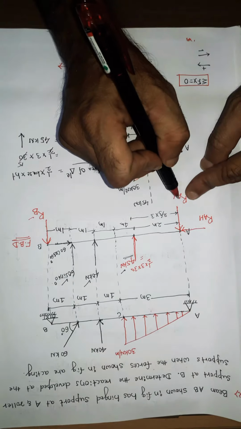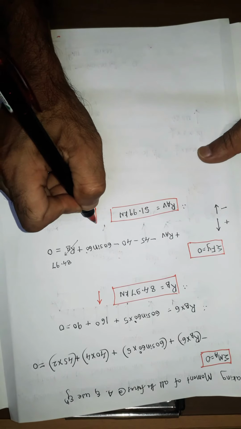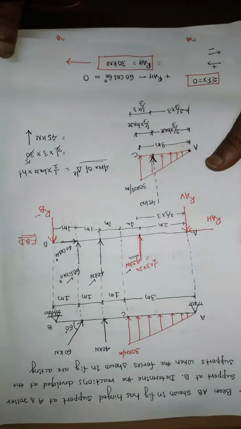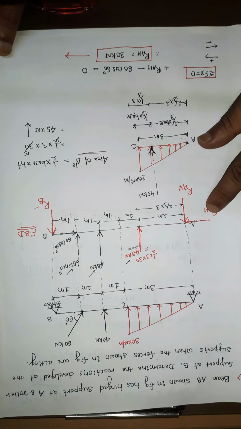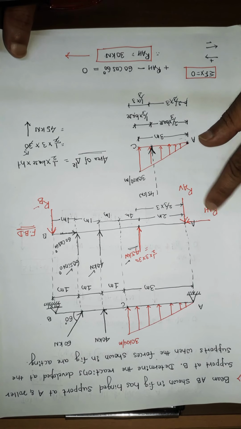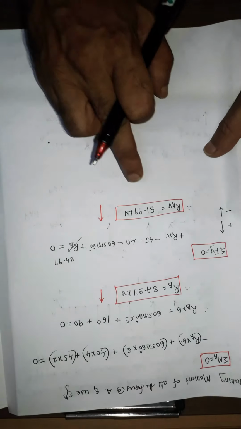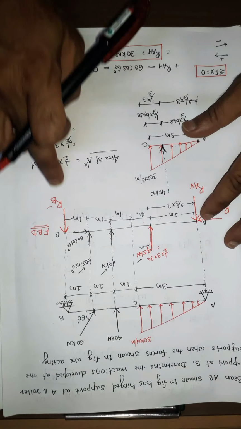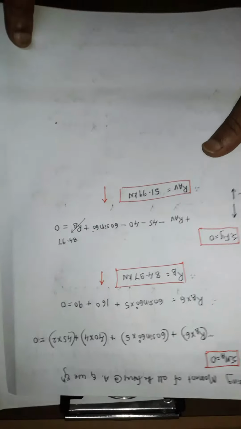Again you have got a plus value, which means the RAV direction we have assumed is correct. So this is the direction of RAV. Now we have already calculated RAH, it is 30 kilonewton, RAV is 51.99, and reaction RB is 84.97 kilonewton.